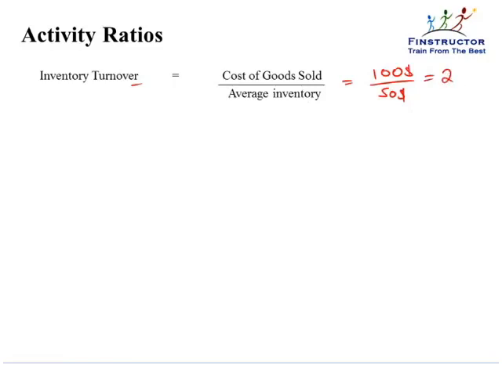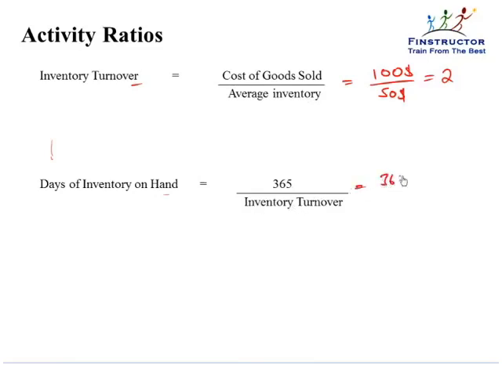We will again understand the interpretation better after calculating the next ratio, that is the days of inventory on hand, given as 365 upon the inventory turnover. Similar calculation as the days of receivables. So in this case, it comes out to be 365 upon 2, that is approximately about 6 months.